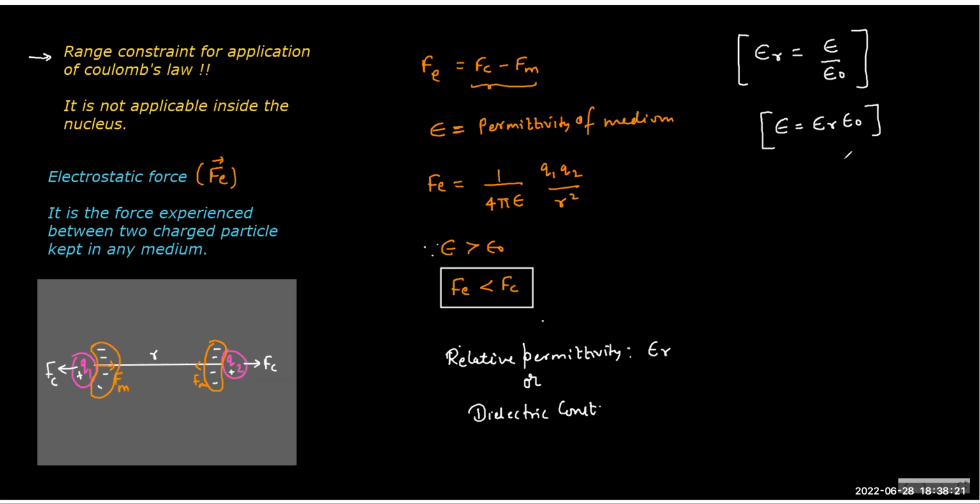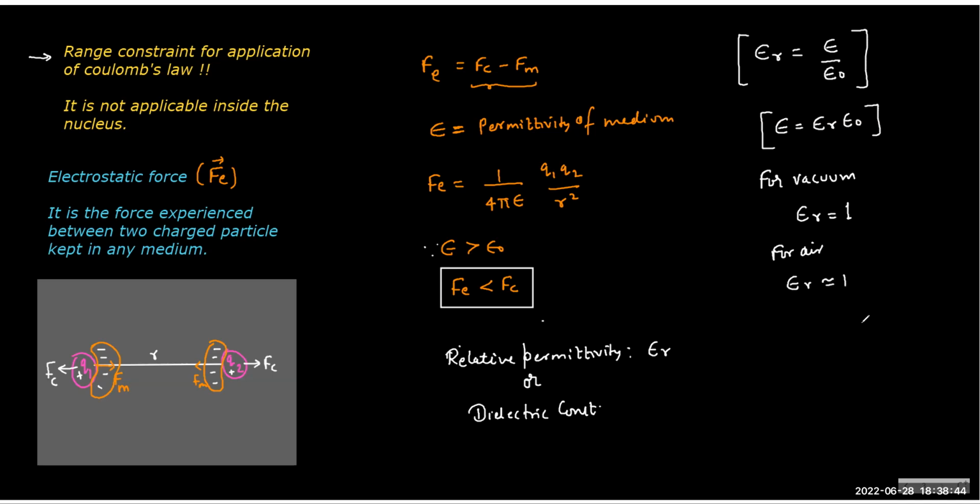Epsilon r is of course due to the medium only. For a vacuum, the value of epsilon r will be 1. For air, the value of epsilon r is roughly 1.